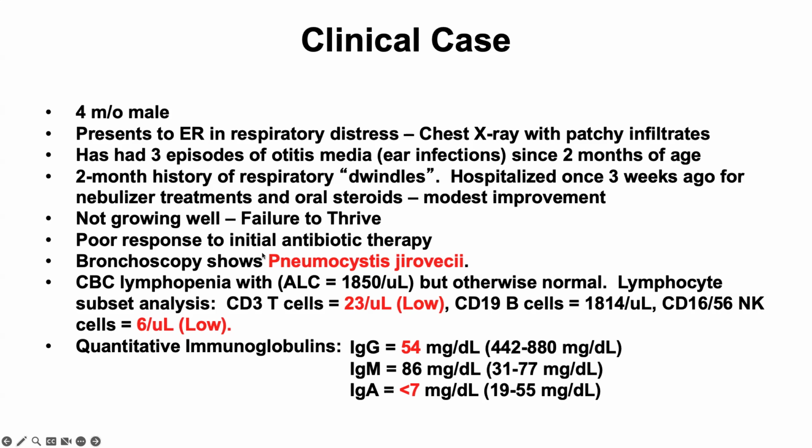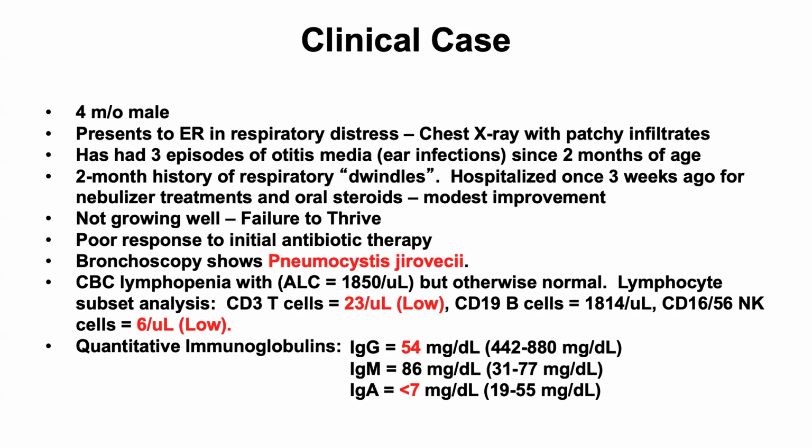His CBC showed lymphopenia, and his T cells were very, very low. His B cells were actually normal, but his NK cells were low. So you would say, this looks like SCID with a T negative, B positive, NK negative phenotype. Based on that table I just showed you, we can predict which gene it's probably going to be in this patient. Okay, so that's a classic case.